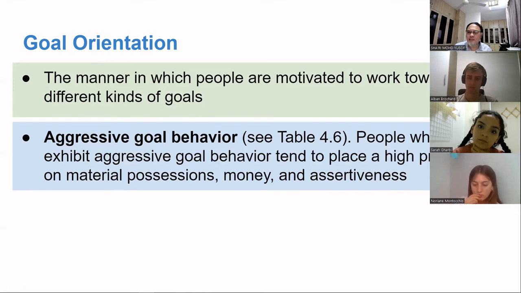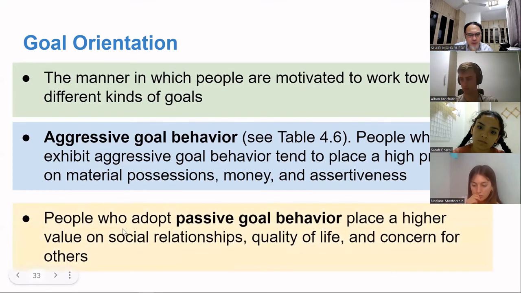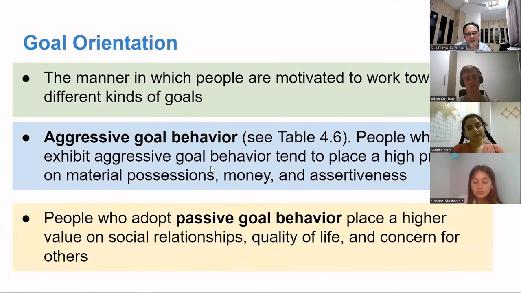Money is more important than health. People who adopt passive goal behavior, I guess, you need to have balance in the middle. You can't be too aggressive, you can't be too passive. Passive goal behavior is you place high value on social relationships, quality of life, and concern for others.